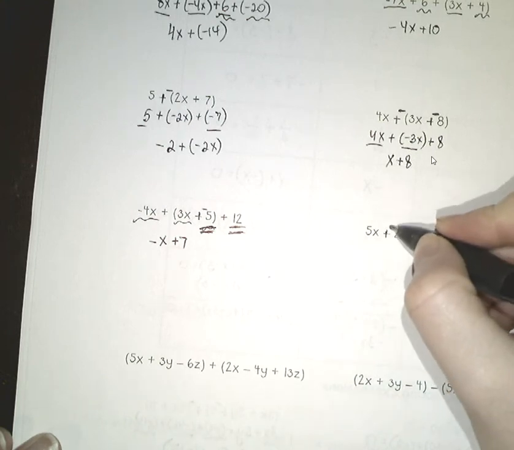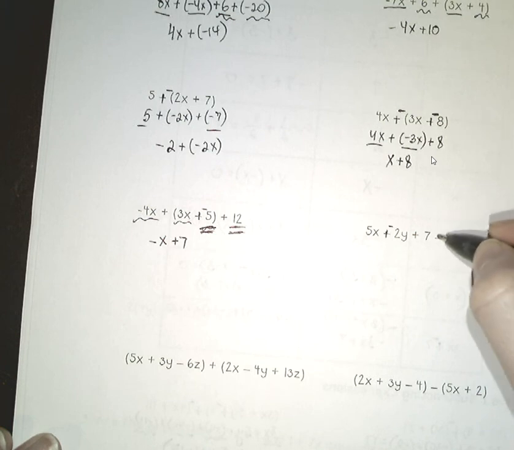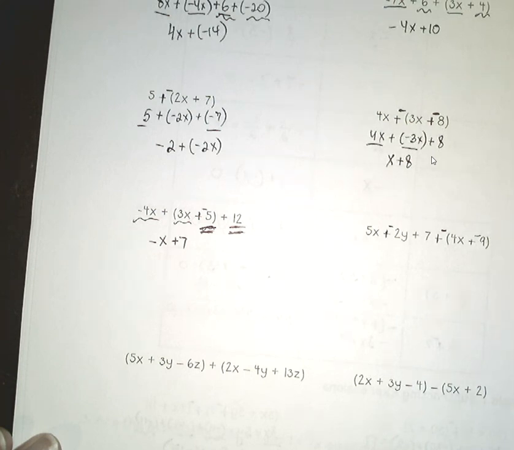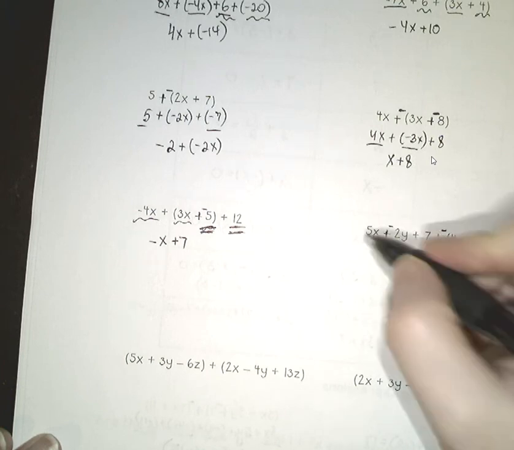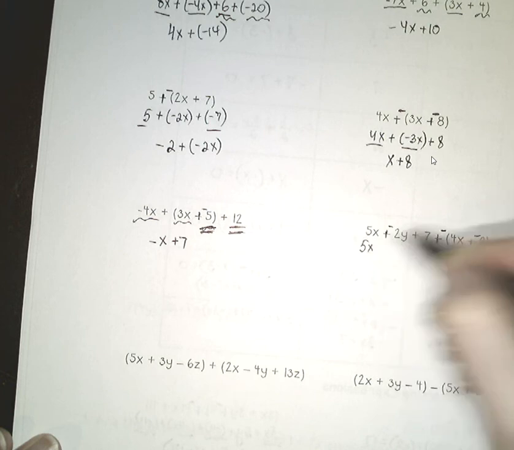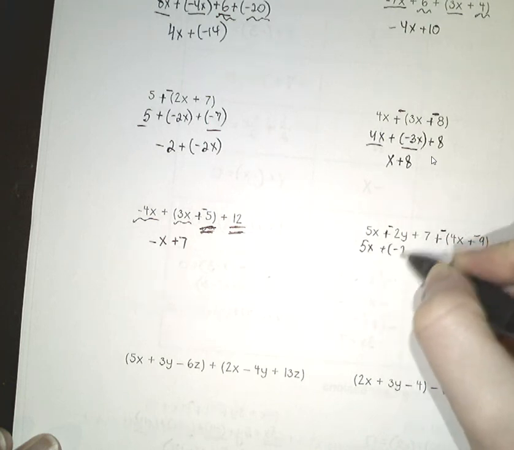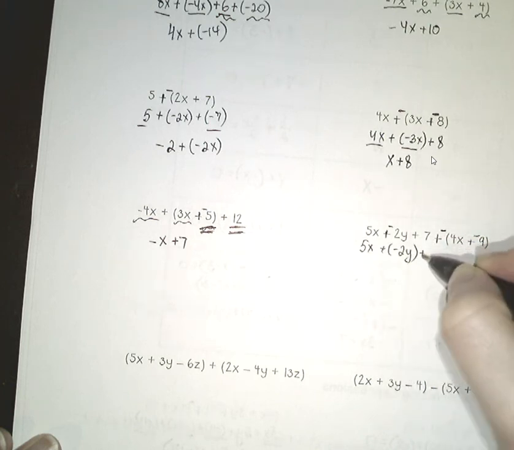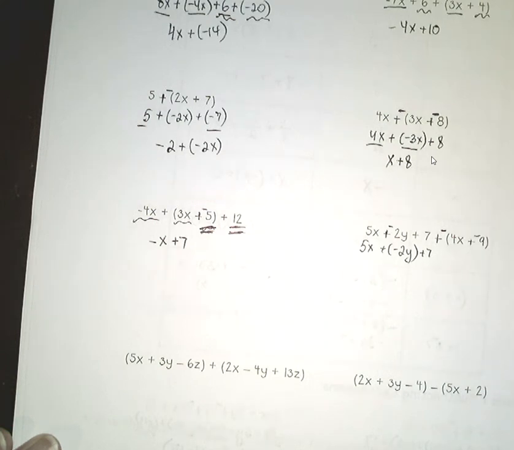Next one, negative 2y. The opposite of the sum of 4x and negative 9. I need to rewrite that problem to make sure that I don't get confused with the signs. I have 5x. I have negative 2y. I have 7. Now be careful with this part. The opposite of 4x is negative 4x.